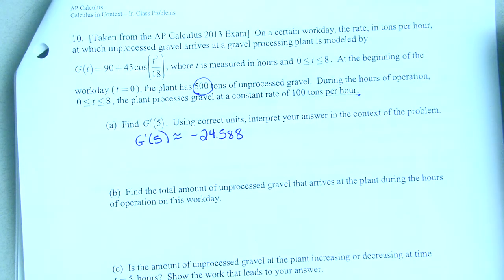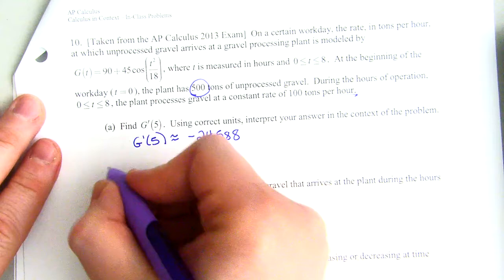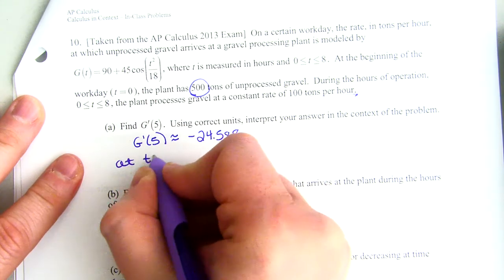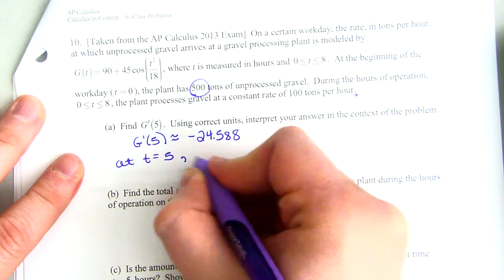Okay, this is the rate of change of the rate that gravel is arriving. But I think a better way to talk about it is, at t equals 5, make sure your explanation is referring to your time. That is important with these.